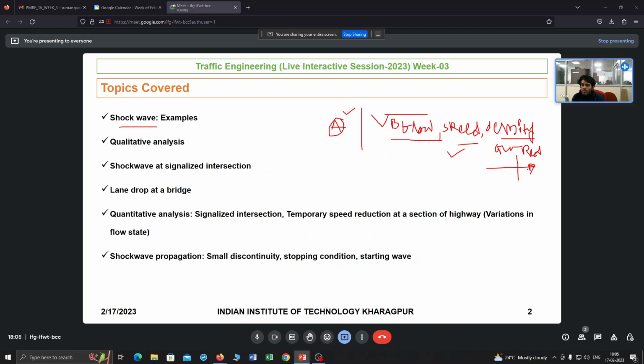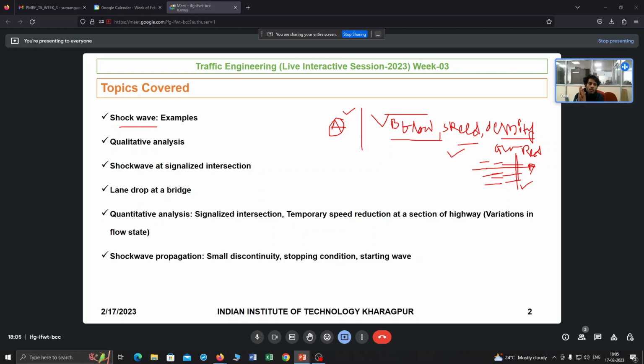Suddenly it becomes red, so vehicles suddenly stop and queue at the upstream of this signal. That means the flow state was something else previously, the flow and density were different. Now suddenly it is stuck, so there is a shock.